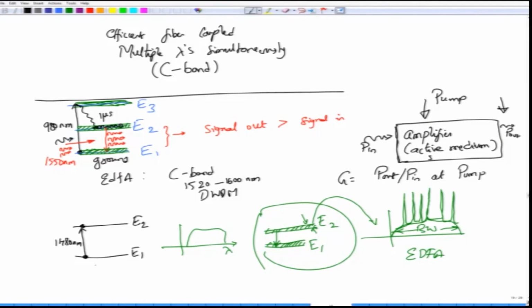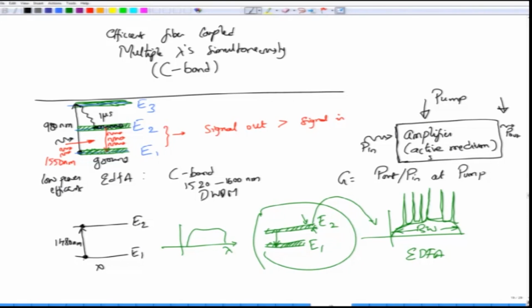However, this is not usually done for communication applications, because 980 nanometer pumping is a very efficient process. For the same pump power, the population inversion created with 980 nanometer is much higher compared to 1480 nanometer.